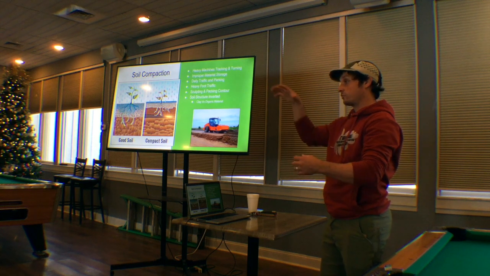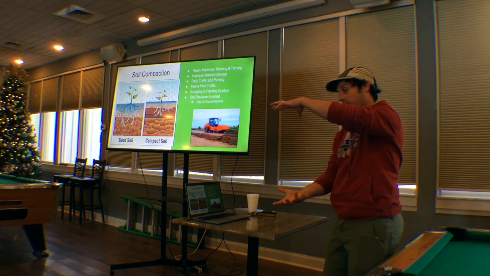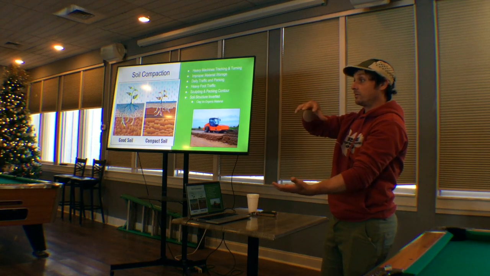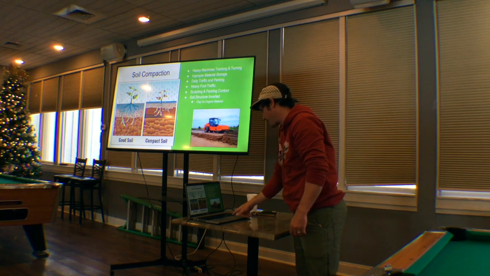Most construction sites will just go scoop and flip, just like we talked about before, flipping that structure upside down and creating instability in the long run. That's the clay versus organic material fiasco.